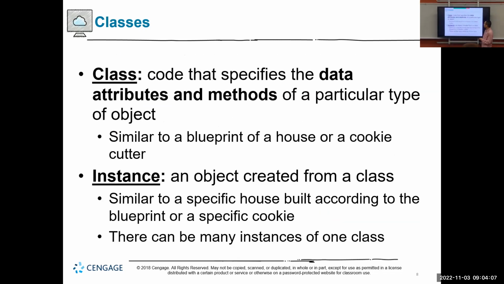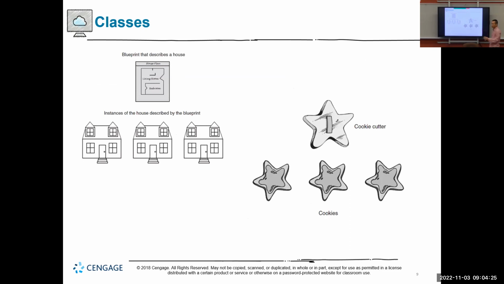So we learned about class and instance, right? The class is where you have the code to define the object. When you have the class, you can generate as many instances as you want. You can think of it as a cookie cutter. The cookie cutter is the class, and you are the one who made it, who coded it.